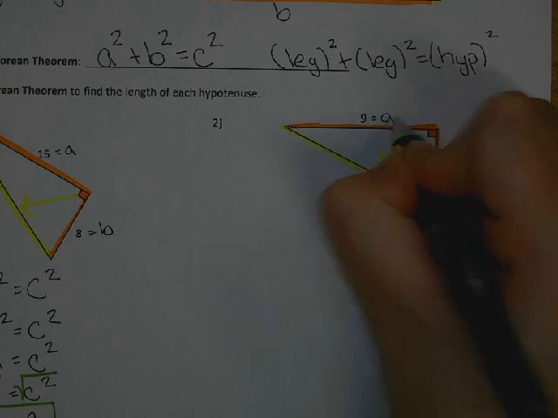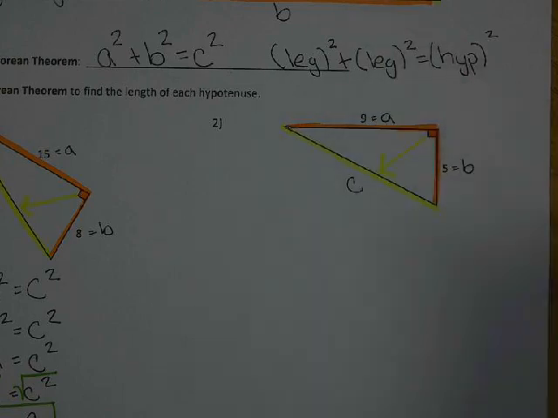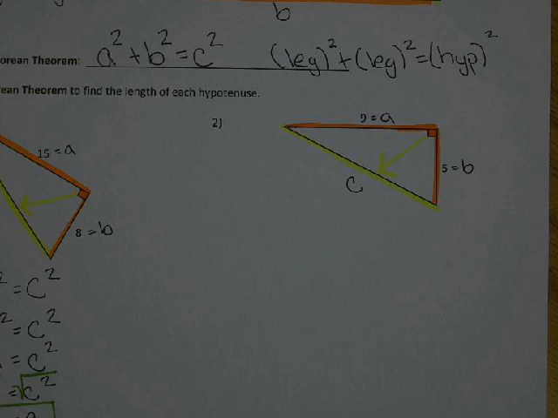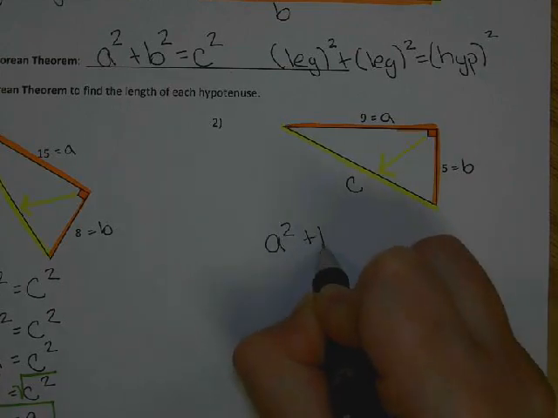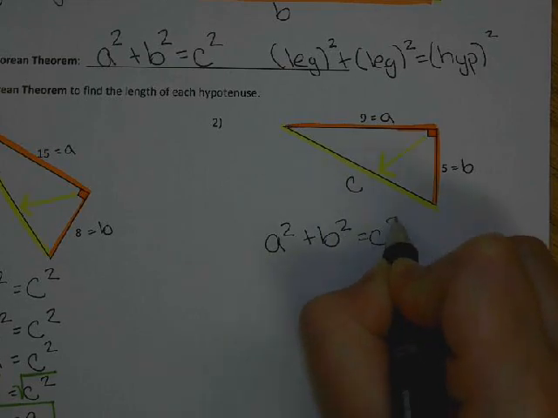Doesn't matter. Let's call it A. We'll call this one B. So how do we find the hypotenuse of a right triangle? What's your formula? What's the formula to find the hypotenuse of a right triangle? A squared plus B squared equals C squared.